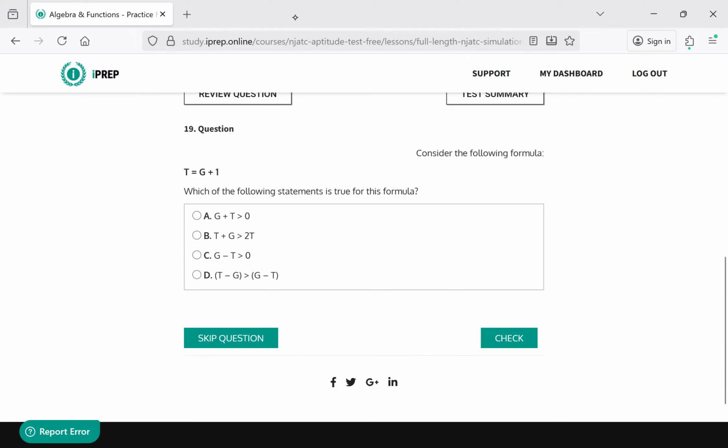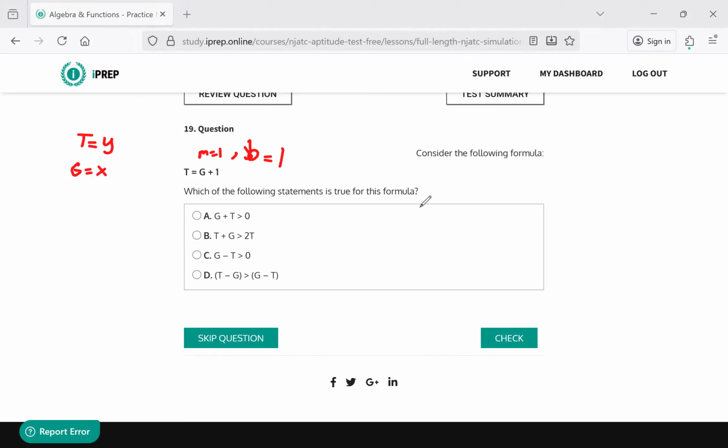So what I mean is, here, I'll show you. By the way, if you do graph it, the slope is 1 and the b is 1, right? And then the t is like your y and your g is like your x. So that's the only difference.